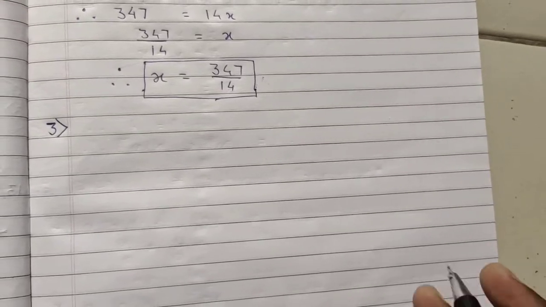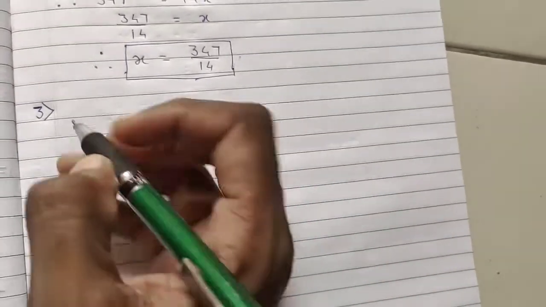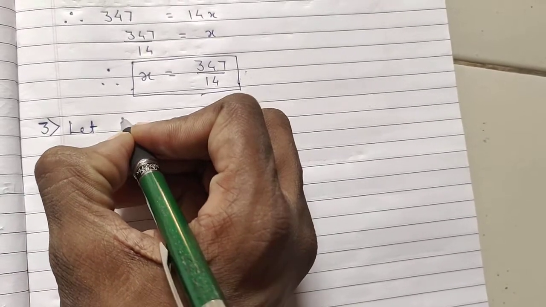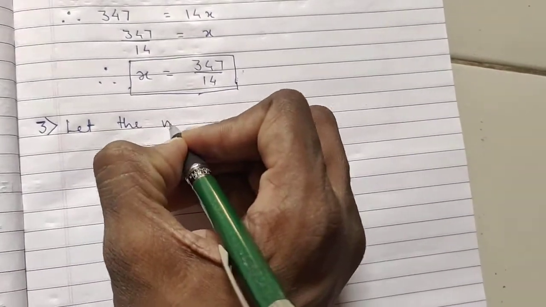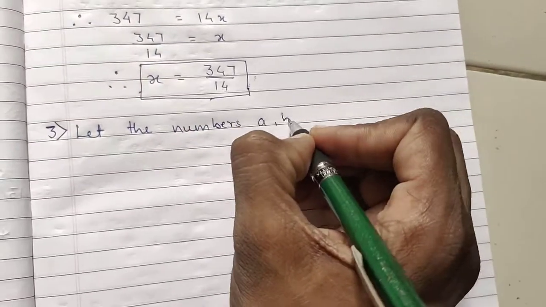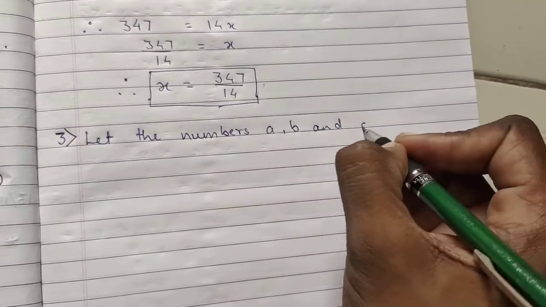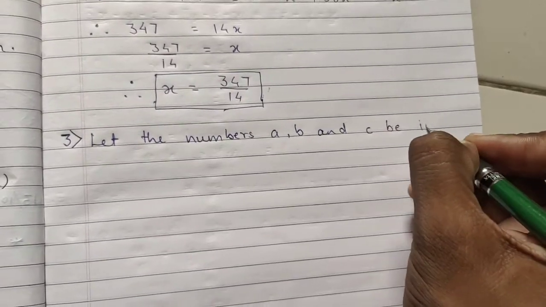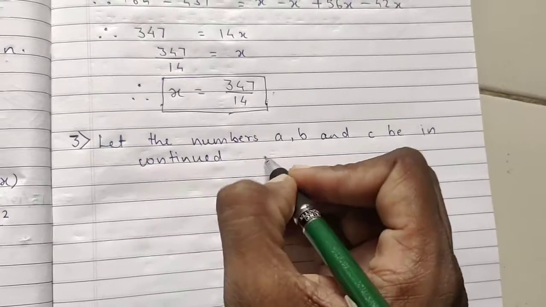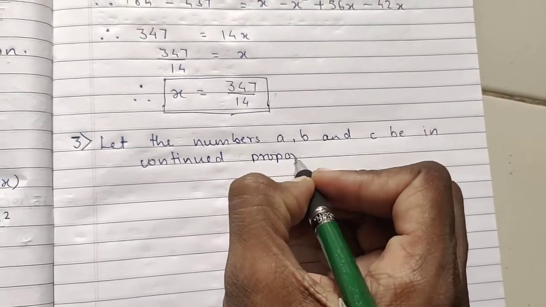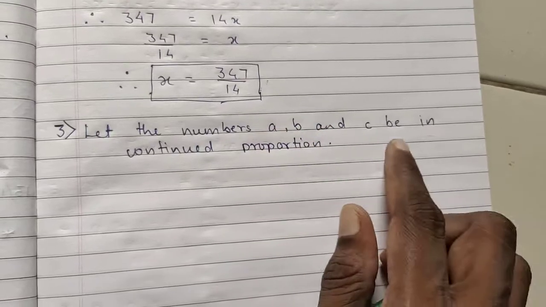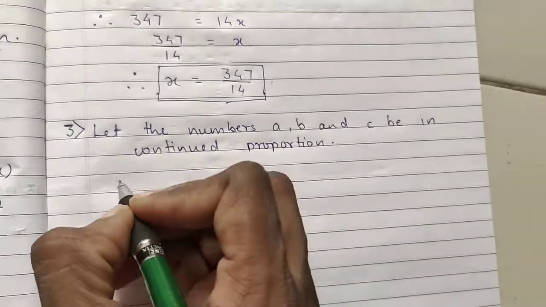We will consider A, B, C to be the numbers. So let the numbers A, B and C be in continued proportion. Okay, so we have considered that numbers A, B and C are in continued proportion.